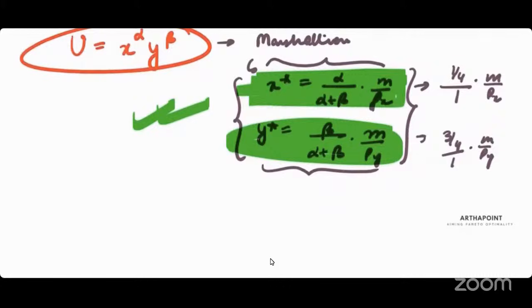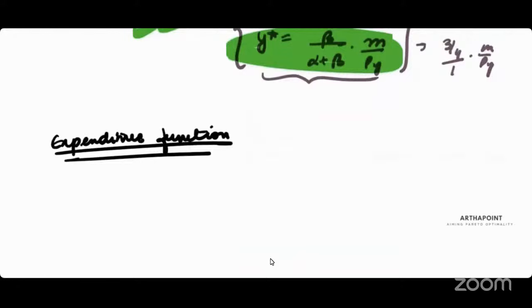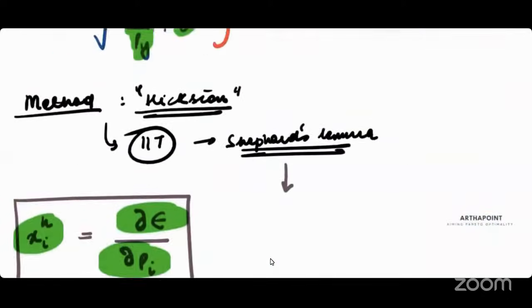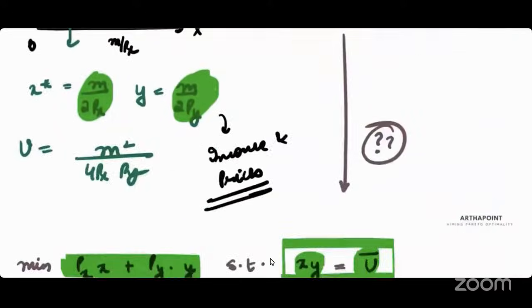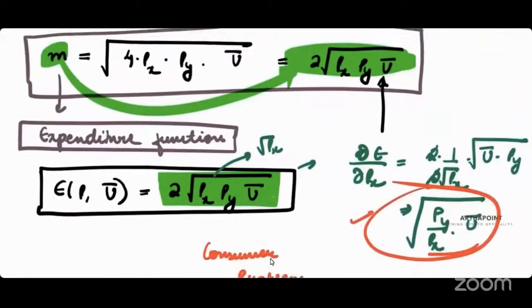Okay. Now, let's go ahead and look at the expenditure function one last time. The expenditure function that we had in our case was E of P, U is equal to 2 root Px Py U bar.